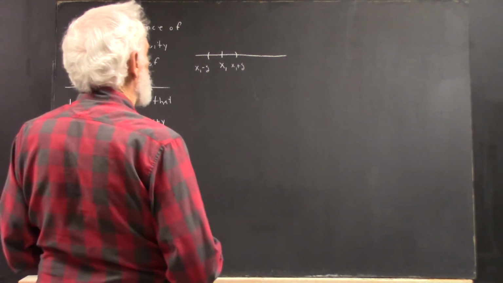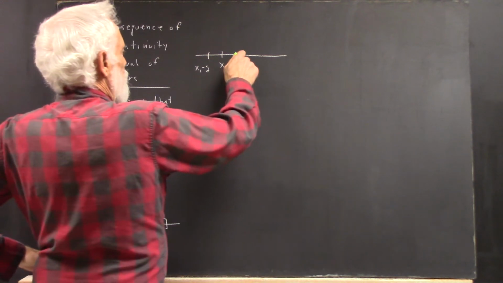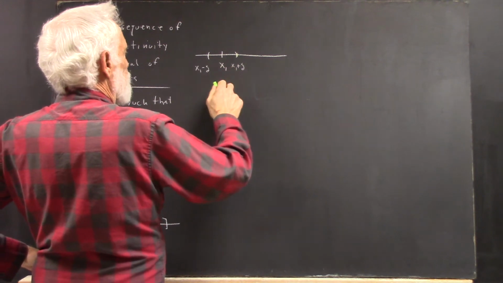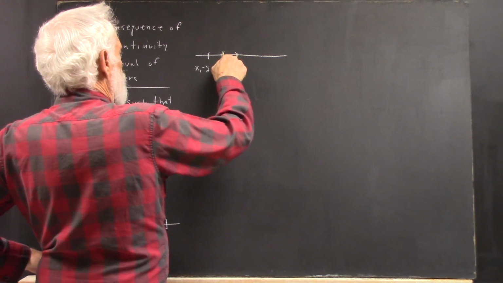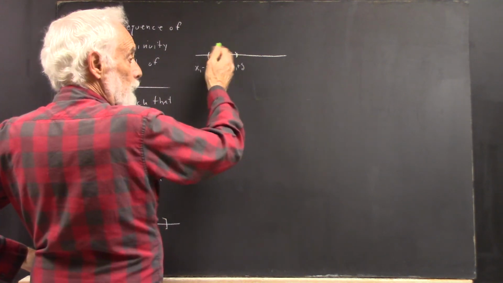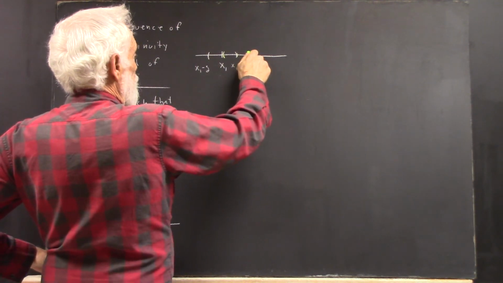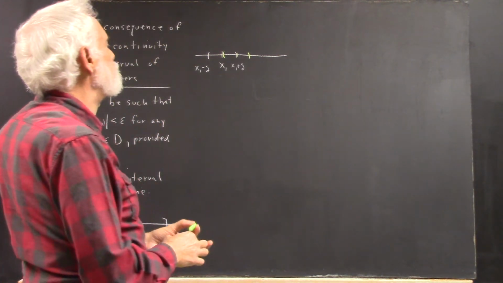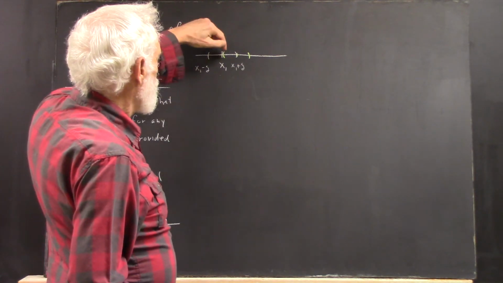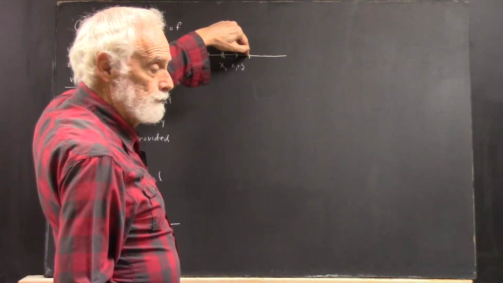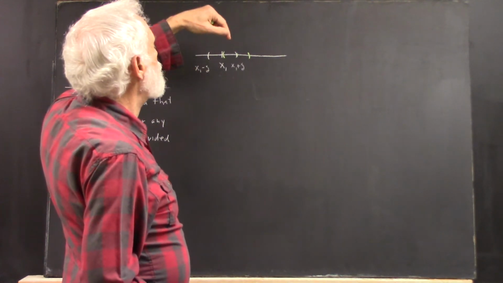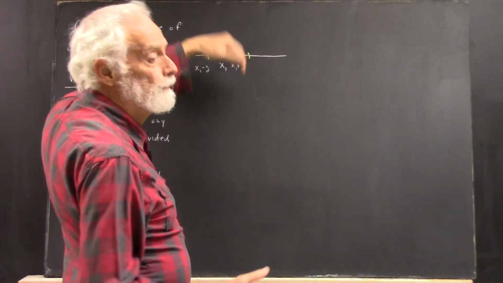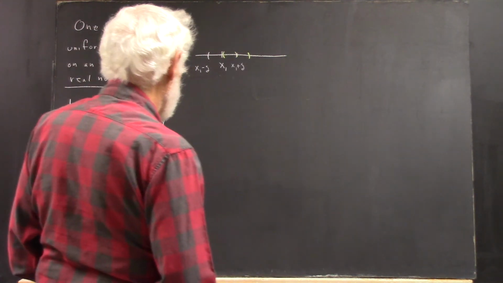Okay, now I want to draw another interval around the point x1 plus delta. Of course, that interval comes right up to x1 but doesn't include it here. And for any value of x within this interval, the value of the function at that point differs from the value at x1 plus delta by less than epsilon.